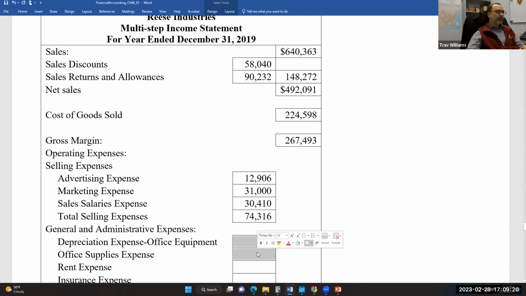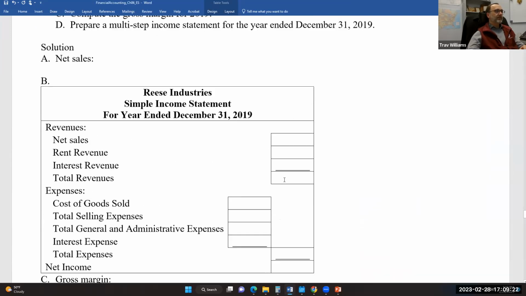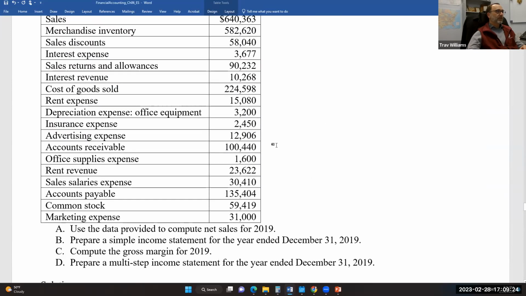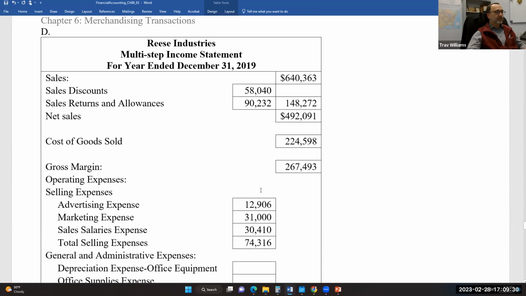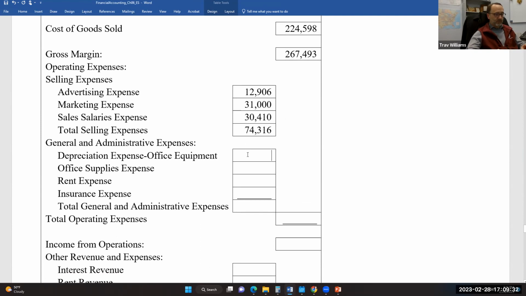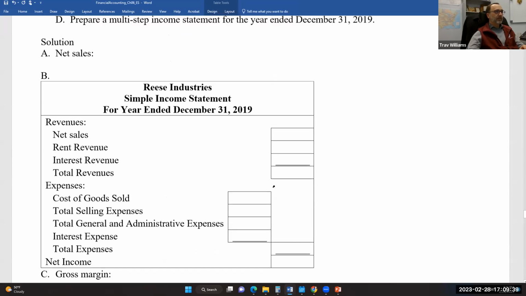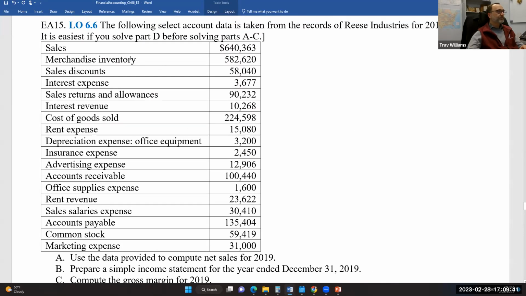And we need depreciation and office supplies. Let's find those. Here's depreciation. Office supplies, 1,600. So we have 3,200, 1,600. Then we need rent expense and insurance expense. Oh, that's rent revenue, not what we're looking for. Here's rent expense.